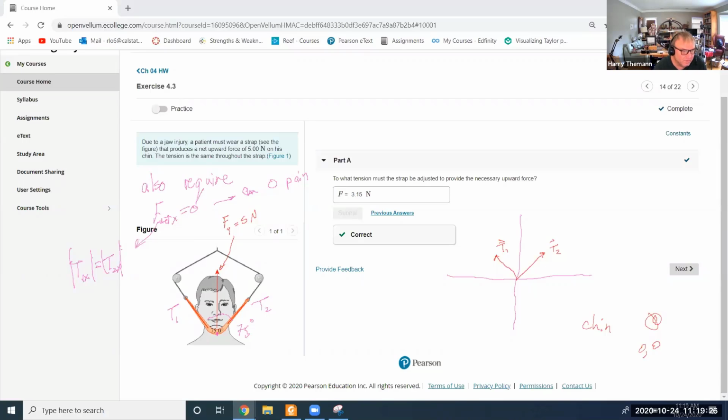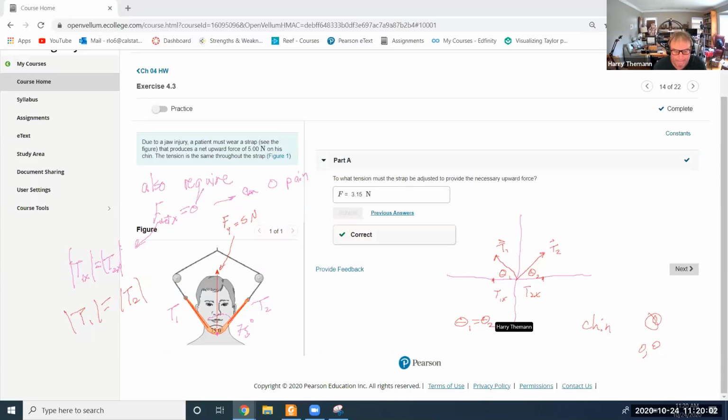We see from the system that the magnitude of T1 also equals the magnitude of T2. If T2x equals T1x, then theta 1 has to equal theta 2 to satisfy all those conditions.